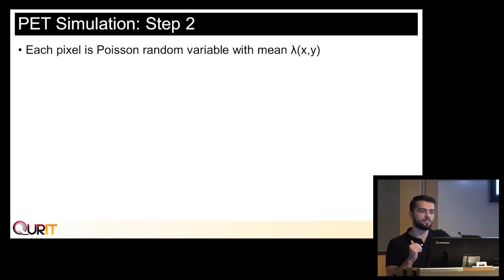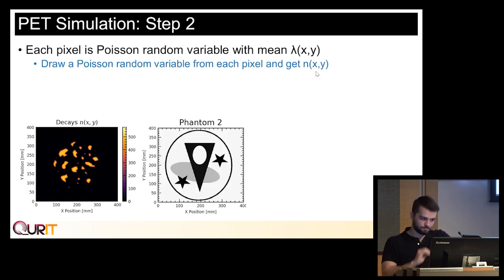So each pixel is a Poisson random variable with mean lambda of xy. So when you actually collect decays in your scanner, you have to draw a Poisson random variable for each pixel, and you get n of xy, which is here, and it doesn't look like lambda. And of course, you see that I have more than 500 here, even though 500 was the max in lambda, and that's because I'm drawing Poisson random variables. So I get something like this.